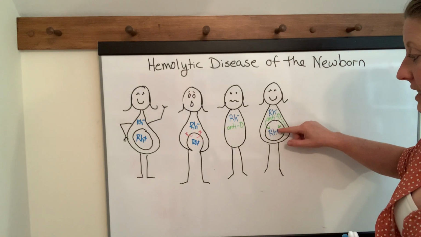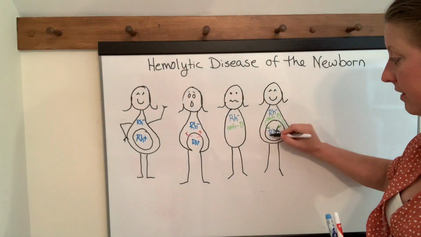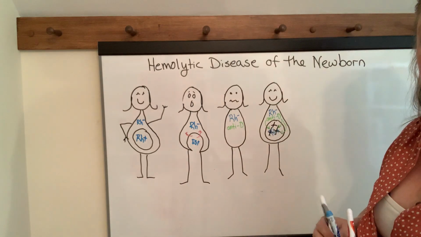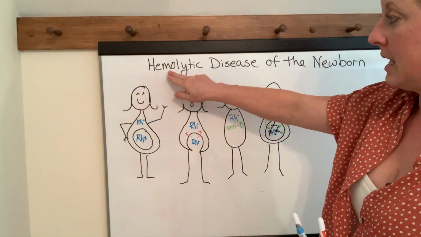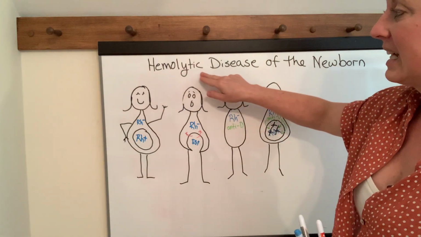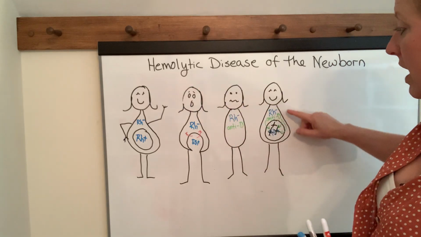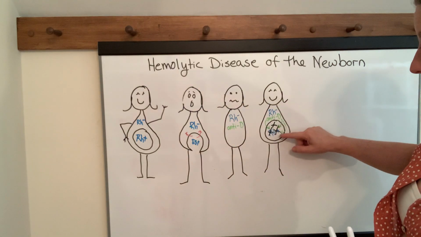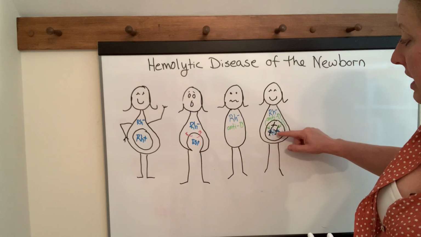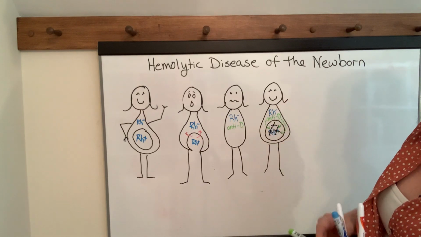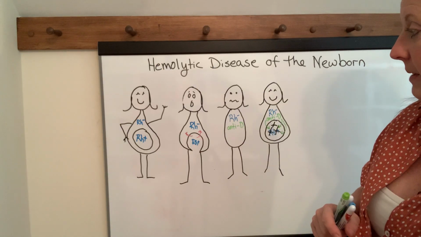So all of that anti-D antibody starts attacking the baby's blood and causing it to lyse and burst. And that's where this word comes from. Hemo, meaning blood. Lytic, lyse is to break or burst. So during her second pregnancy, the second baby is going to have their blood attacked by the anti-D antibodies that resulted after the first pregnancy.